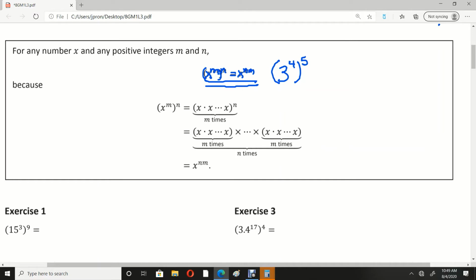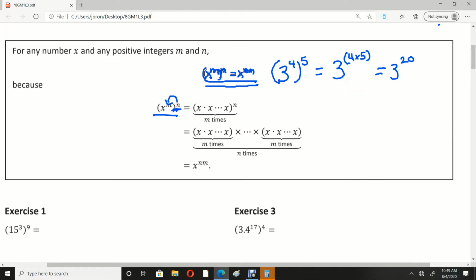And all we did was multiply the exponents together. We multiplied 4 times 5. And this is just another rule of exponents. Okay? When you're raising a power, like right here, x to the mth, to a power, then you just multiply the exponent on the outside with the exponent on the inside.